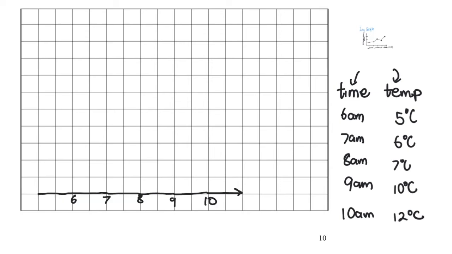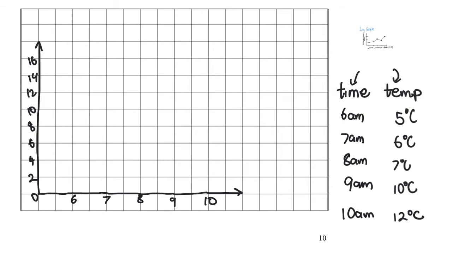We had so much space, we shouldn't waste it. Alright, let's look at the temperature. Temperature goes from 5 to 12. So maybe we can go up in 2, starting at 0. 2, 4, 6, 8, 10, 12, 14, 16. Done! Alright, let's start plotting them.